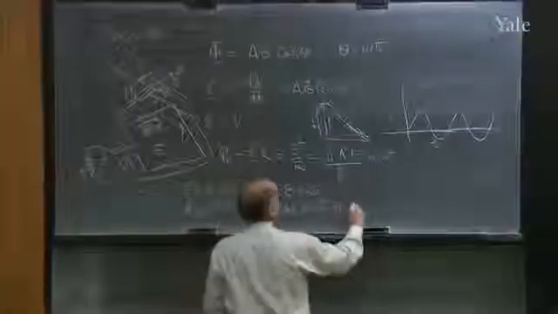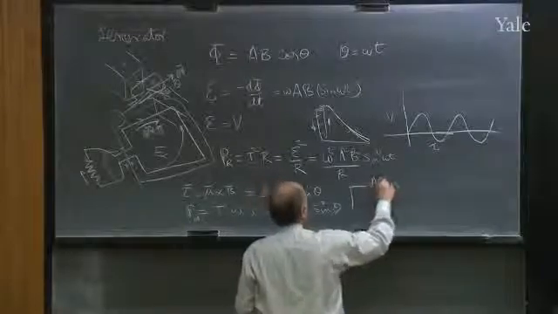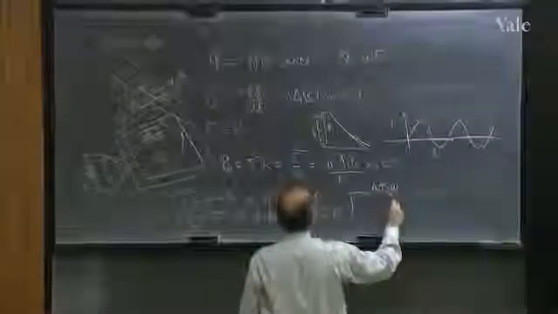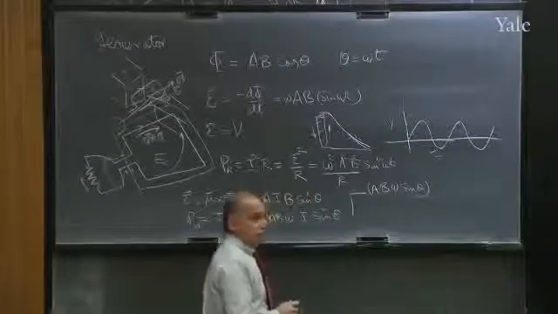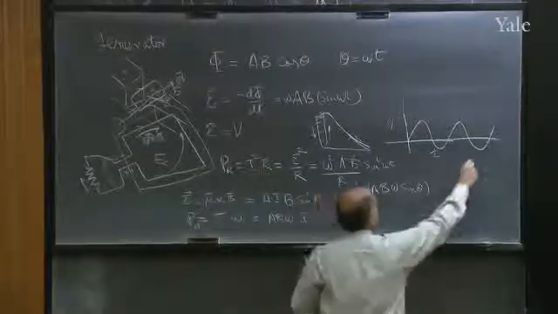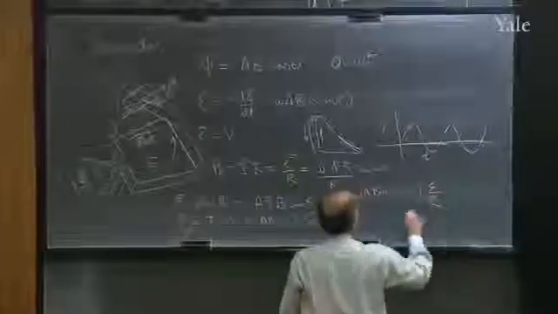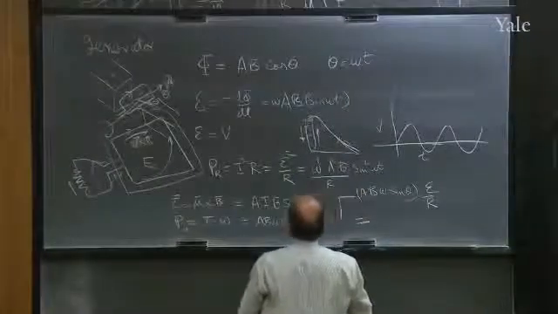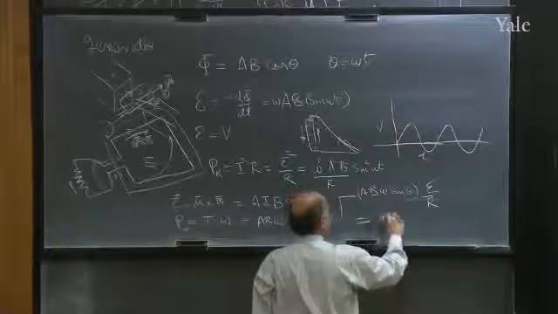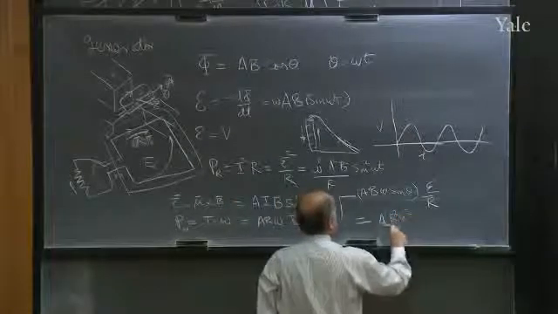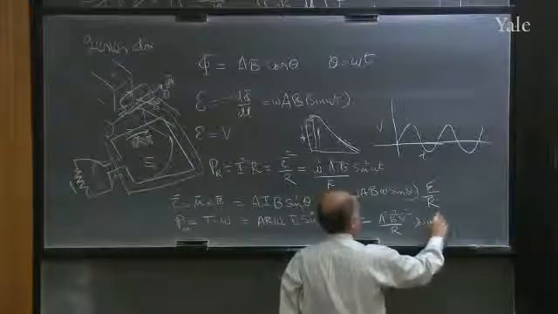But then that's equal to A, B, omega sine theta times I. What is I? The current in the loop is the EMF divided by R. And if you put the EMF I got for you somewhere, then you'll find it's equal to A squared, B squared, omega squared over R sine squared theta.